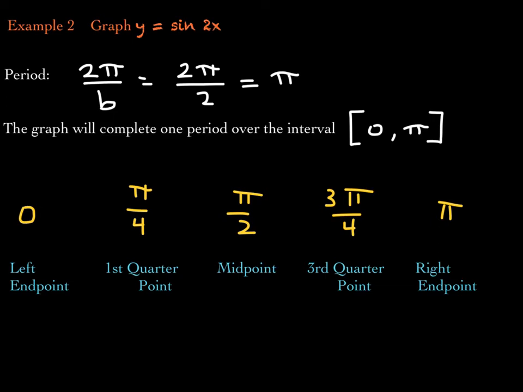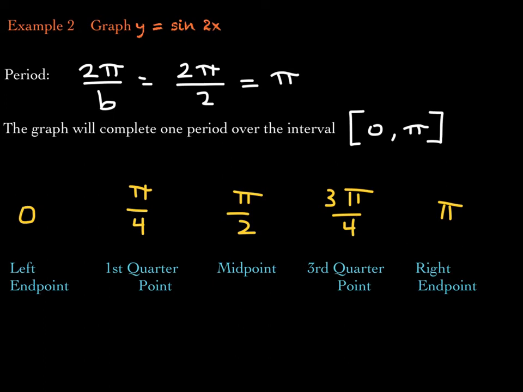The idea is these are going to be the 5 input values. These are the 5 values that we're plugging into our function, and the outputs will be the maximum, the minimum, and the x-intercepts. Those are the most important features or points on our curves. That's what you'll end up getting by plugging in these particular input values.